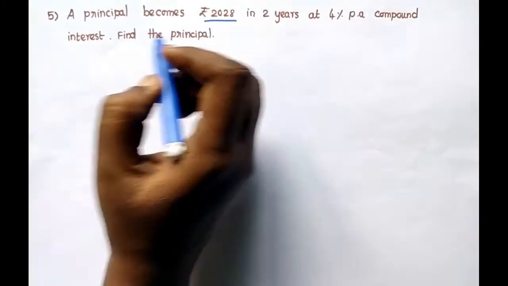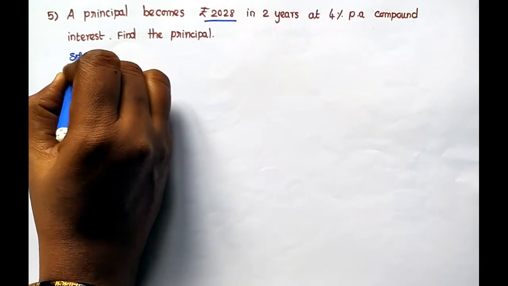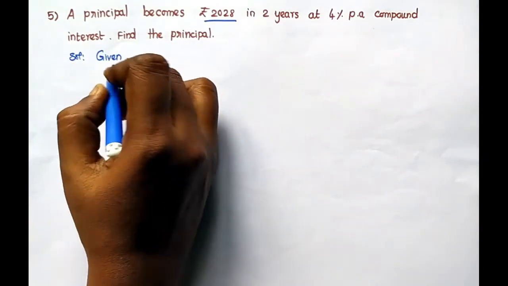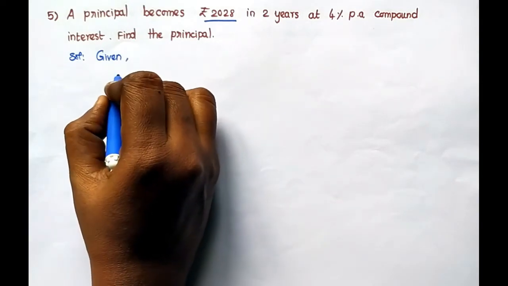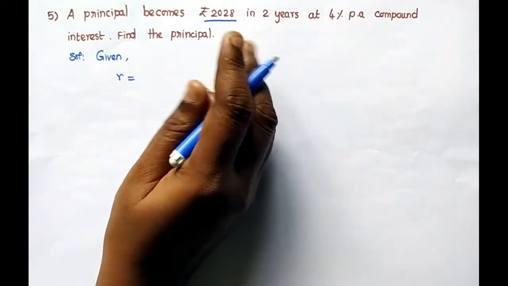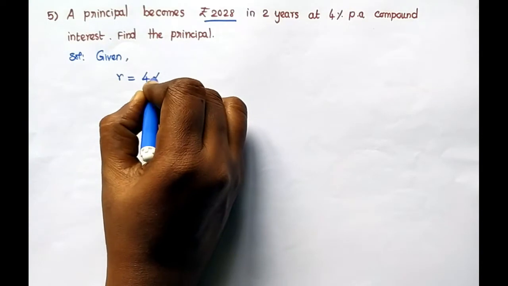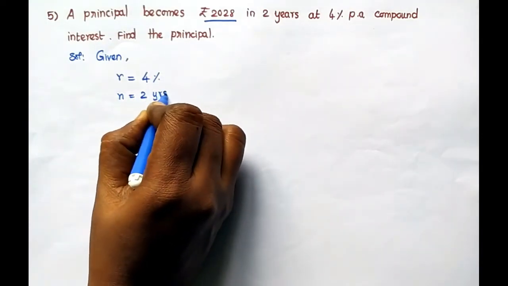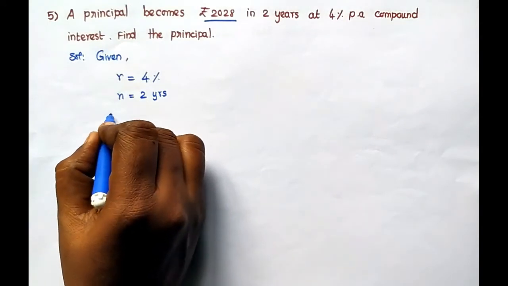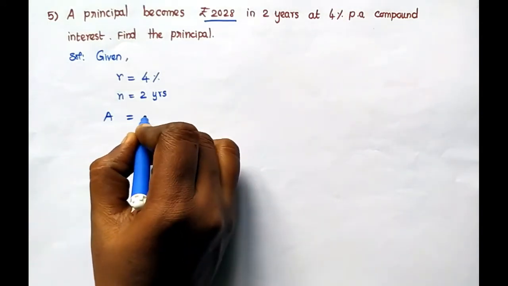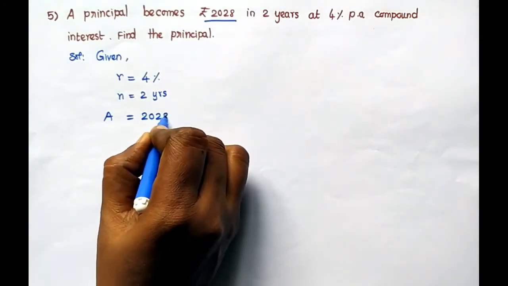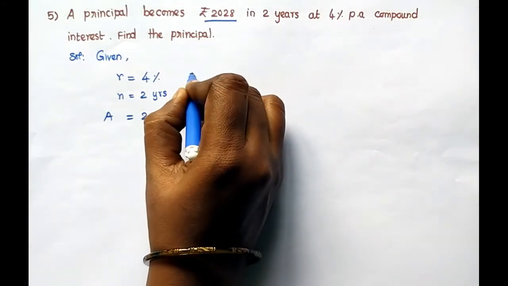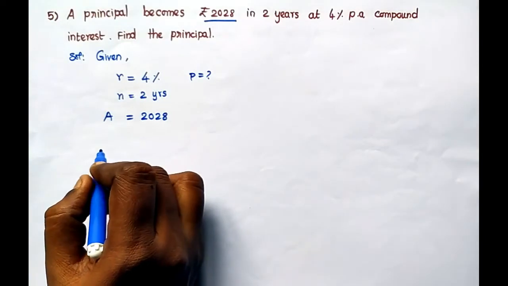Okay, so write down what is given: rate of interest 4%, number of years 2 years, and amount A equals 2028. We want to find out the principal.